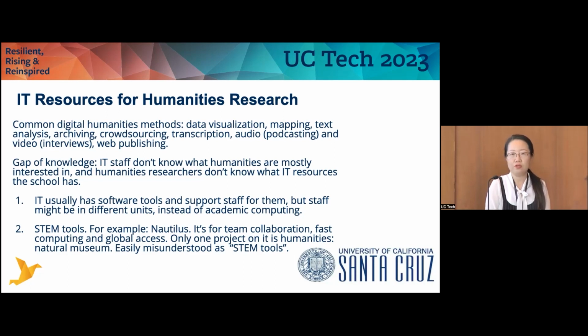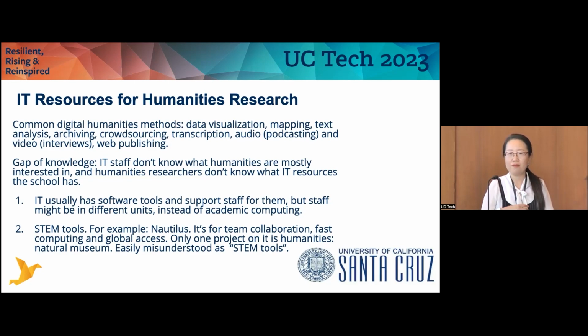As I told you, not many people know what digital humanities means, even humanities researchers, let alone IT professionals. They can solve technical problems, but there are some special interests like data visualization, mapping, etc. On the other hand, humanities researchers don't know what IT resources the school has.